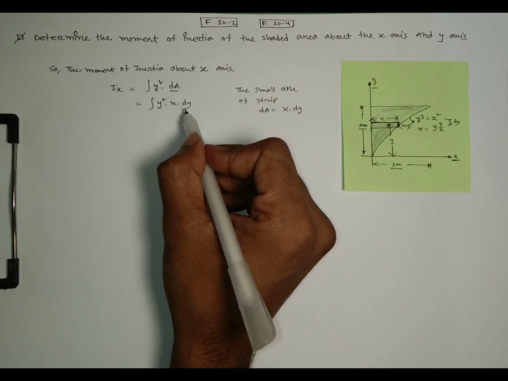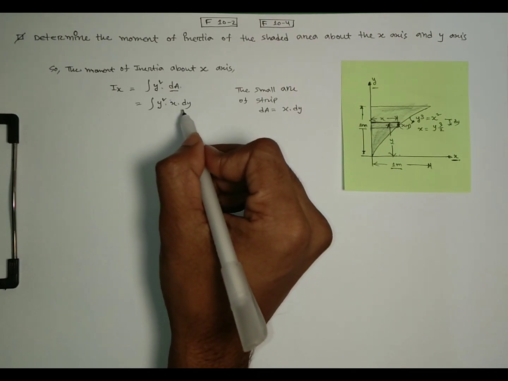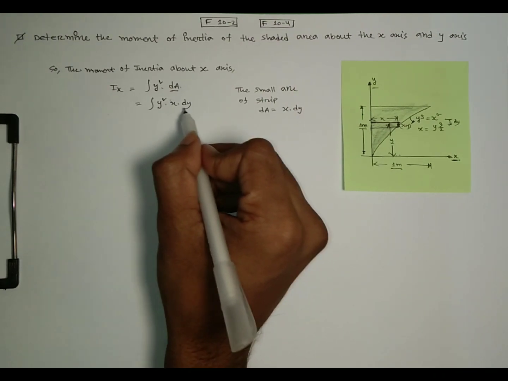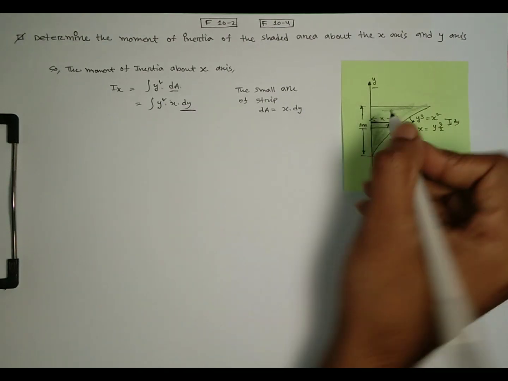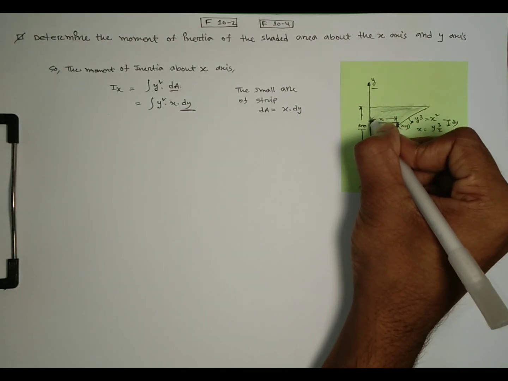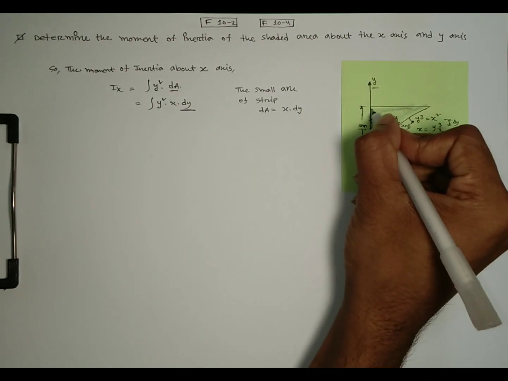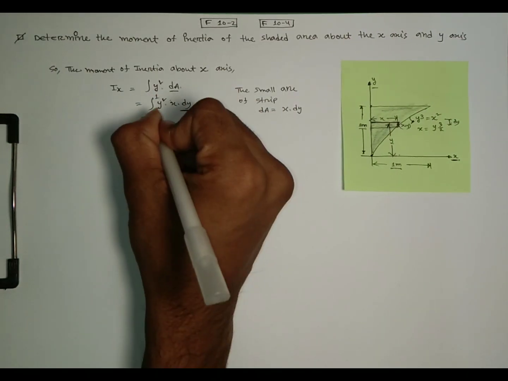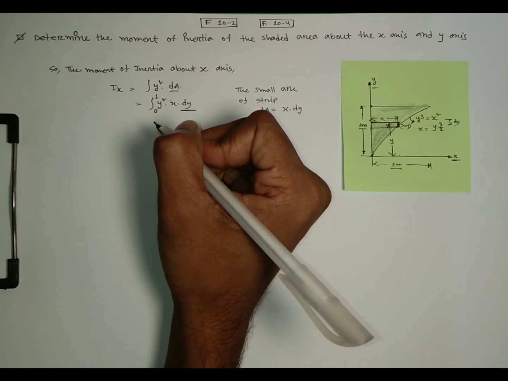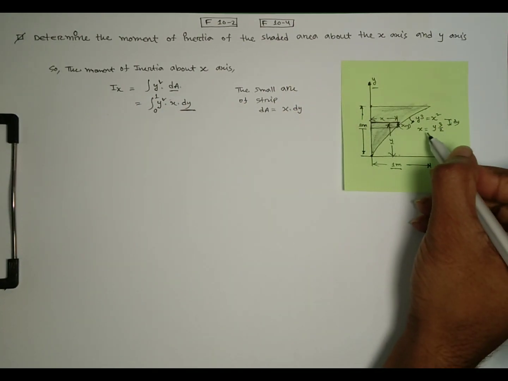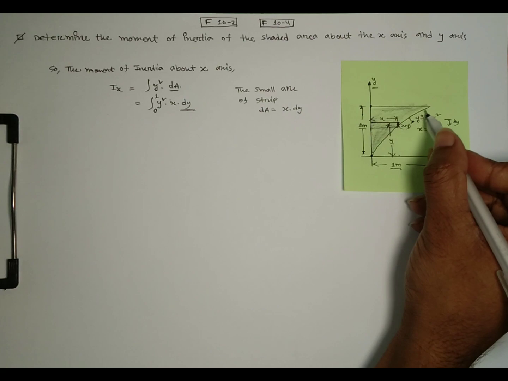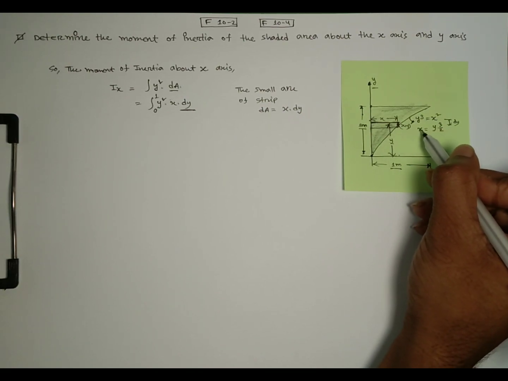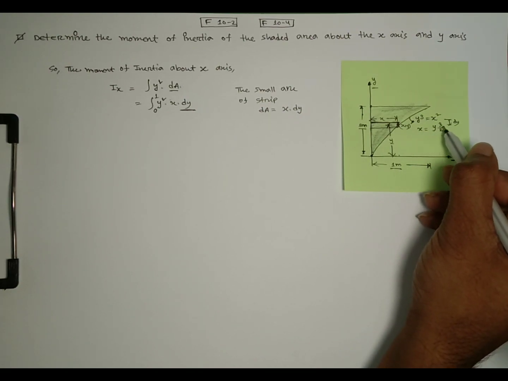The limit in this equation will be with respect to dy. So the upper limit on this y-axis is 1 and the lower limit is 0. And as you can see in this curve equation, we can write x equals y to the power 3 by 2.